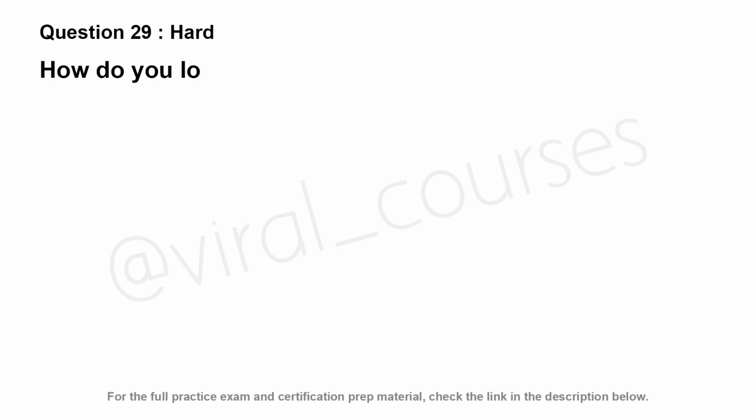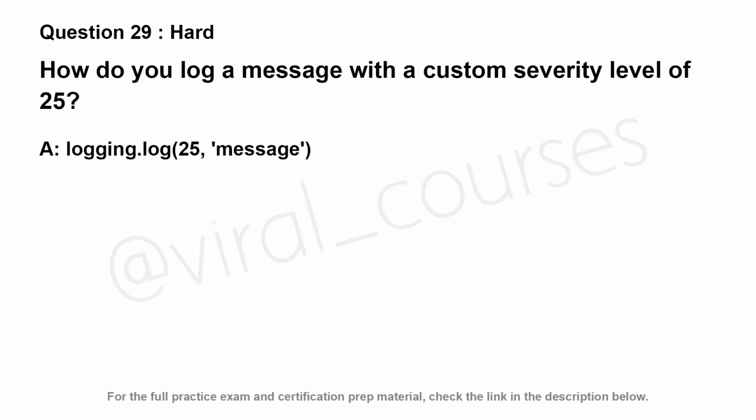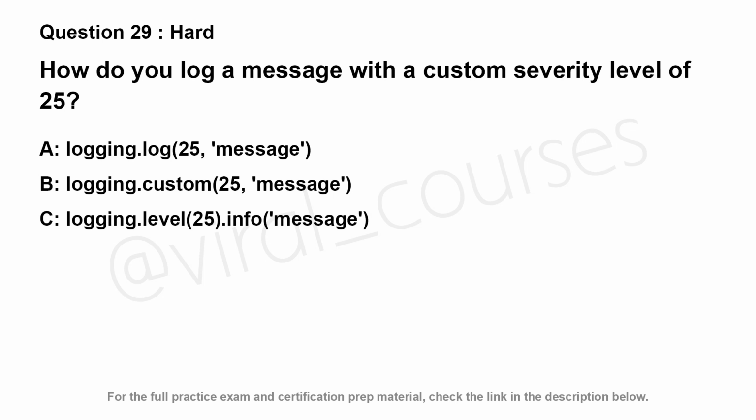How do you log a message with a custom severity level of 25? Option A, logging.log(25, message). Option B, logging.custom(25, message). Option C, logging.level(25).info(message). Option D, it is impossible to use custom levels.